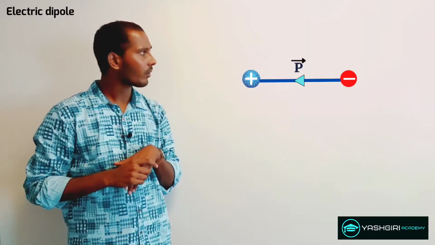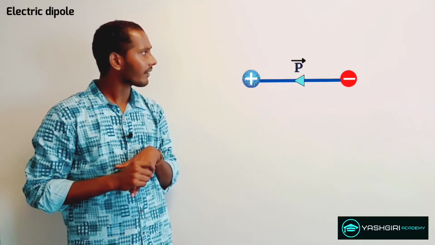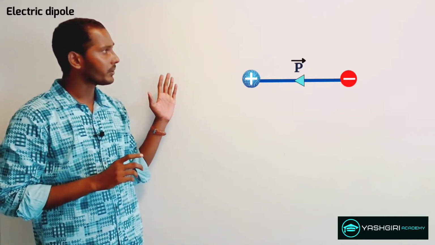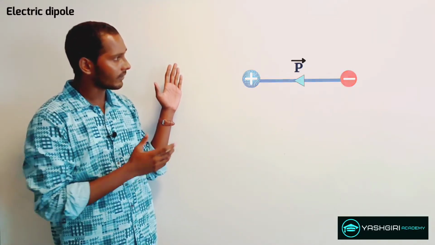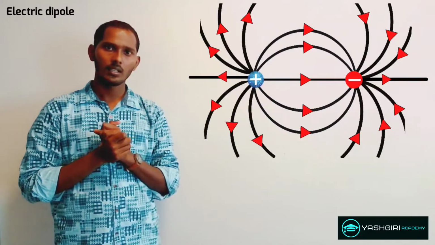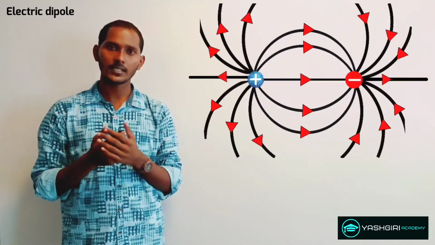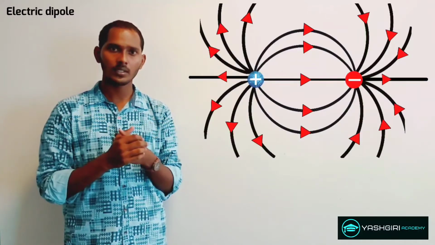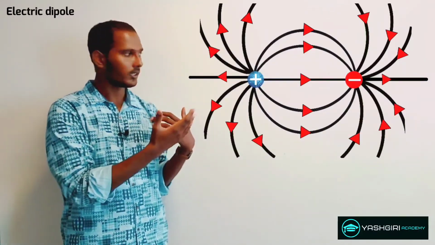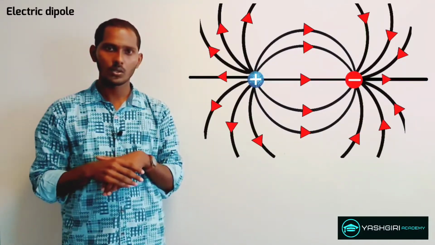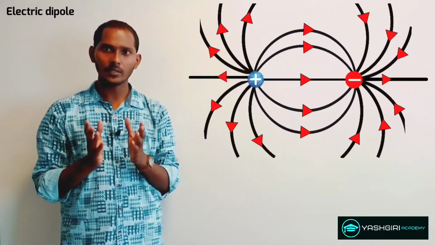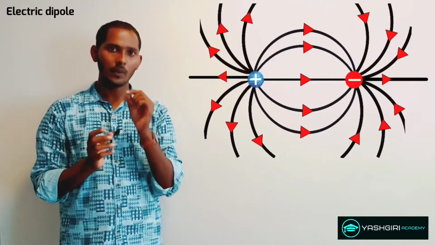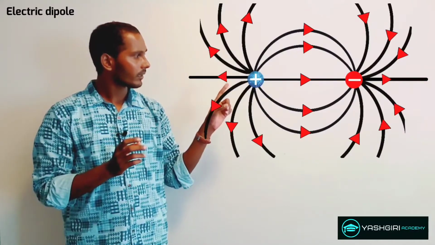And if I want to show the electric field, I can make use of the field lines and it will look something like this. Now our task is to calculate the electric field at different points in the space surrounding the electric dipole. So let's try to calculate at a point on the dipole axis.